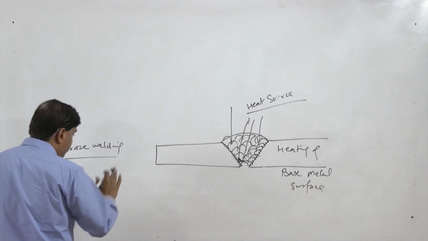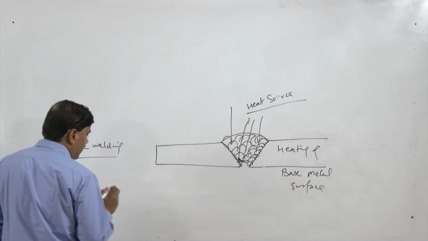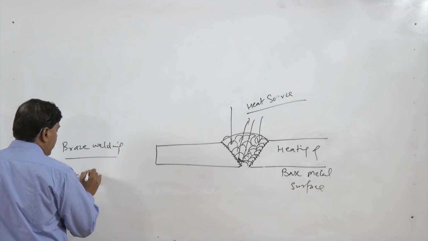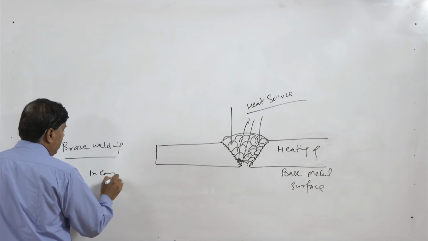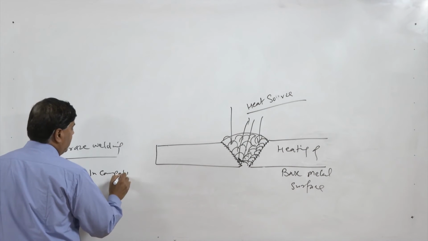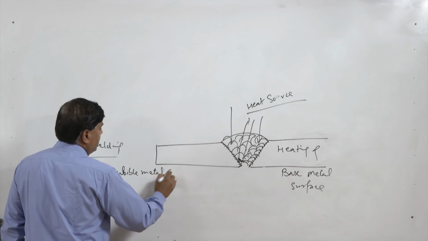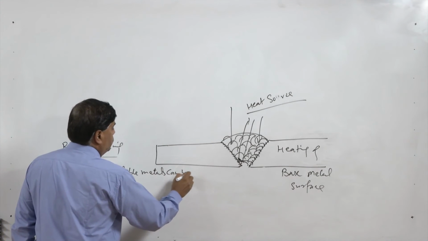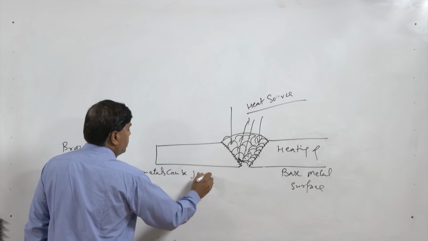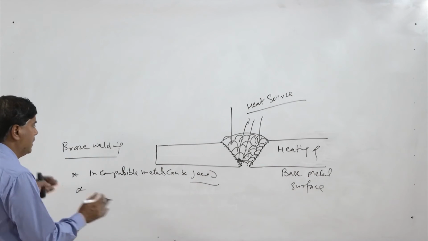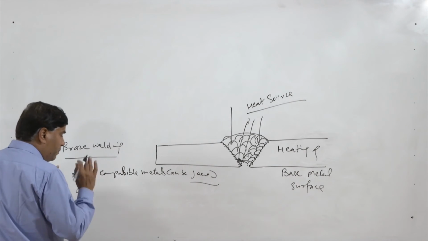So, because of these 3 or 4 points, what we get is that incompatible metal systems, metals can be joined. This is one thing, because there is no fusion. And the second is heat input is less.